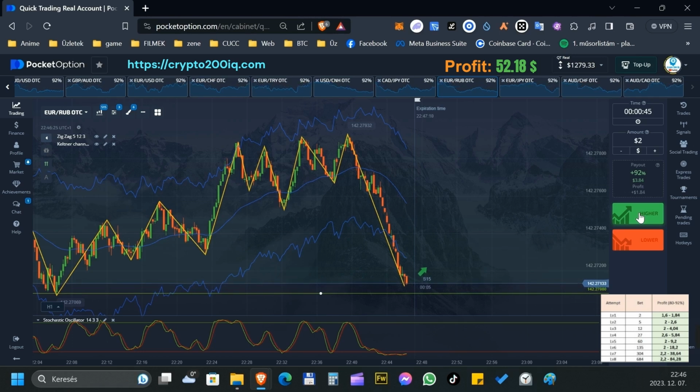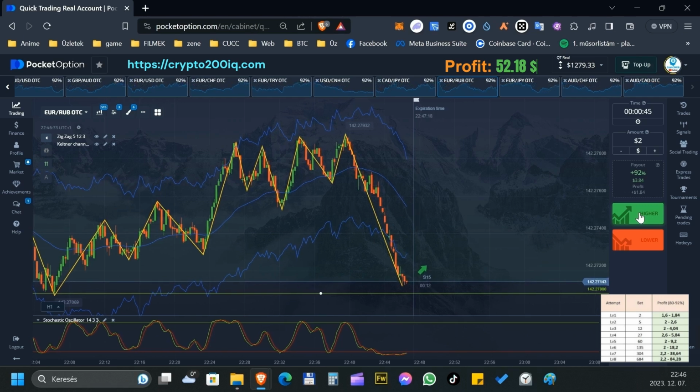All indicators signal perfectly. A nice straight zigzag line, many red candles together, and the oscillator lines have also crossed the lower boundary.